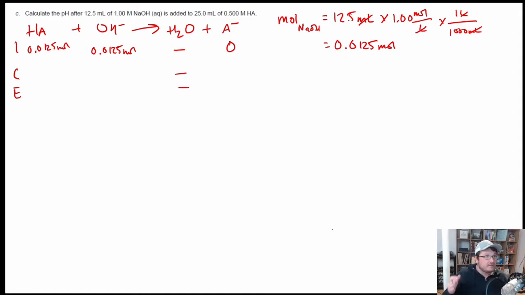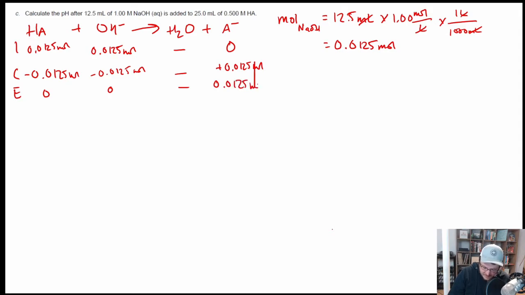They're equivalent to each other, so they're both going to get completely consumed. There's no limiting reagent. We're going to lose 0.0125 moles of the HA, we're going to lose 0.0125 moles of the OH minus, and we're going to gain 0.0125 moles of A minus. And so we'll have 0 of HA, 0 of OH minus, and then 0.0125 moles of A minus.